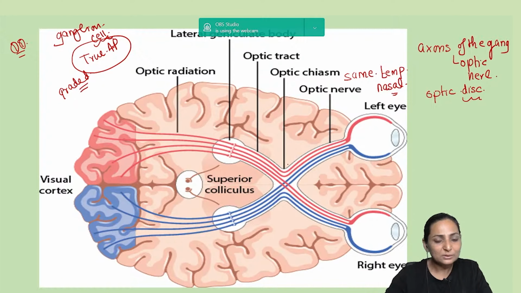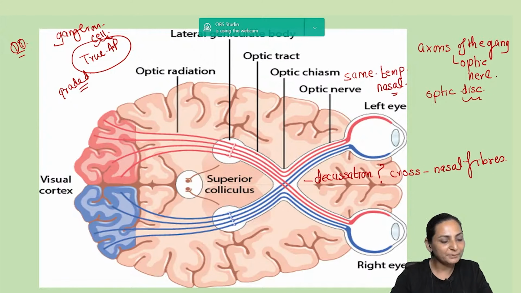Now these fibers are going to come to the level of the optic chiasma, where there is going to be decussation, or crossing. Who crosses? Only the nasal fibers cross, right? There is crossing only of the nasal fibers, and this is eventually going to form the optic tract.